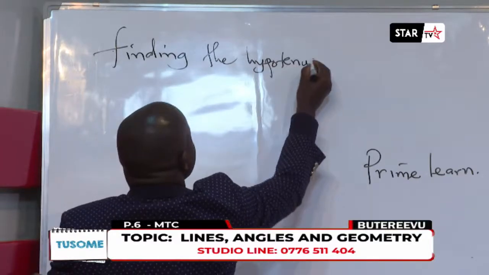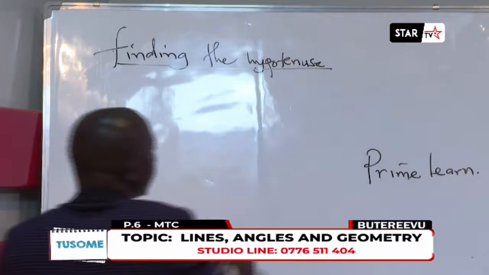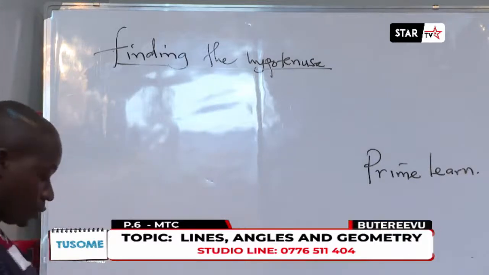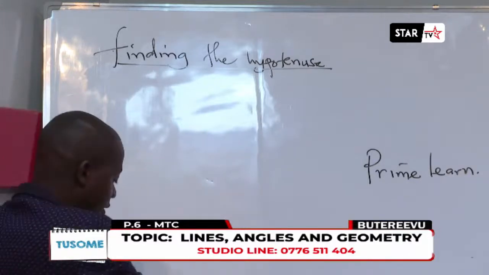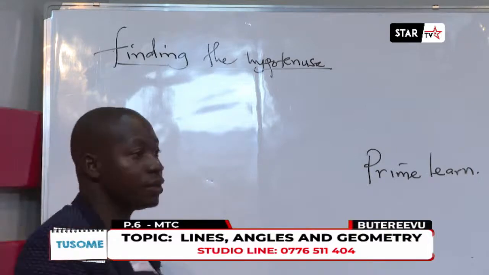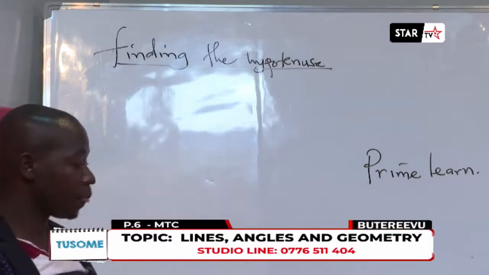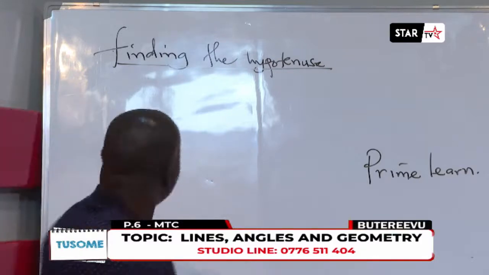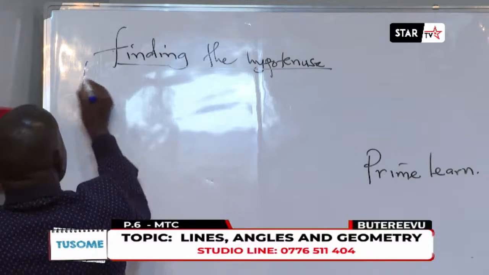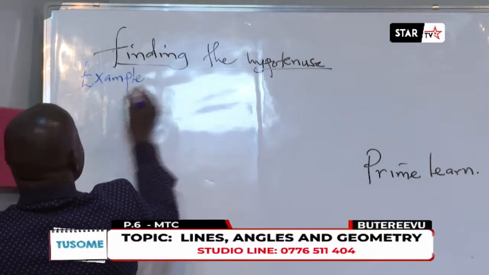The hypotenuse is for a right-angled triangle. And that right-angled triangle must be with the Pythagoras triples. They can pose a question that find the hypotenuse.